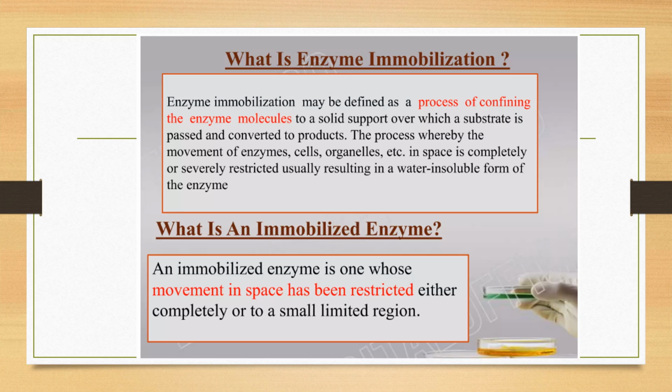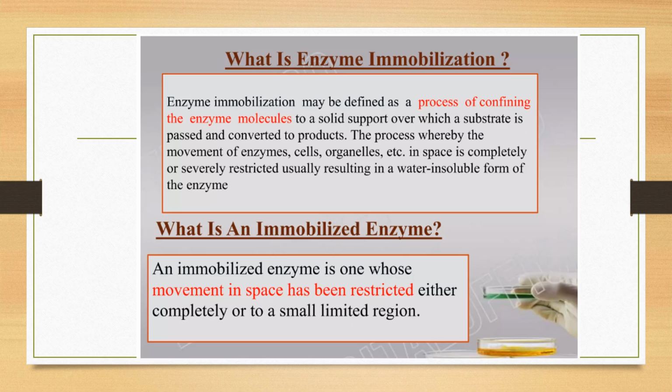That means here we are not mixing the enzymes with the substrate. Rather, the enzyme is first linked with a solid support, and over the support we add the substrate solution, so that the substrate solution will pass over this solid support containing the enzymes and be converted into product.